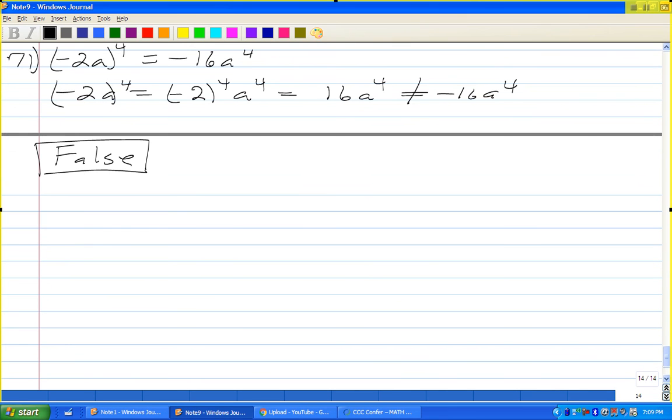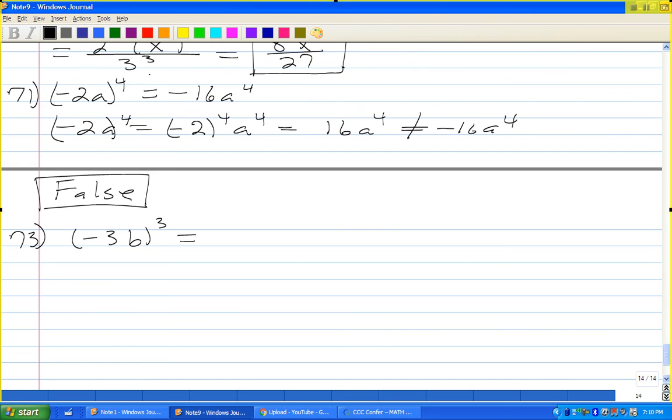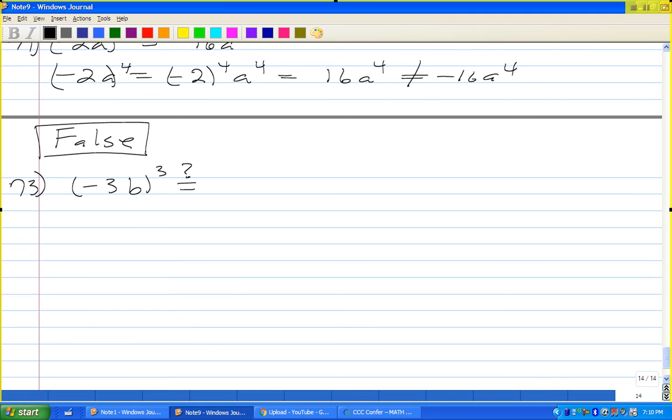Let me do problem 73. Negative 3b cubed, is that equal to, and I guess I should put a little question mark there, because it's asking, is this a true statement? Negative 3b cubed.